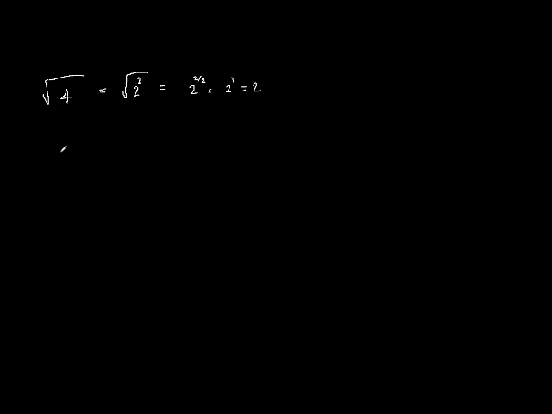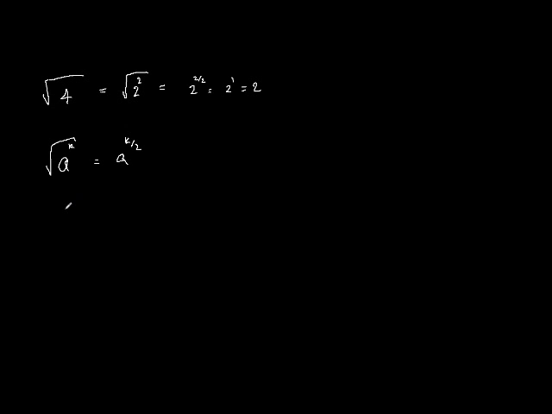Now, a general rule for this is any number a to the power of, I don't know, k, its square root becomes a to the power of k over 2. So if k is an even number, we can actually apply this rule because even numbers are divisible by 2.